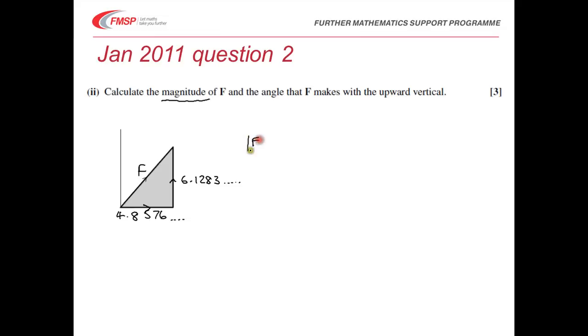We square each of these two values, the horizontal and vertical components, and once we've squared them, as with Pythagoras always, take the square root.